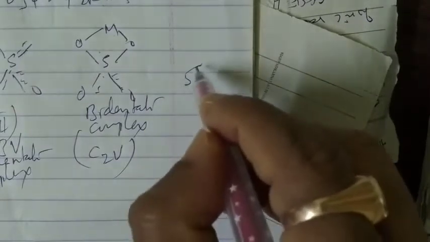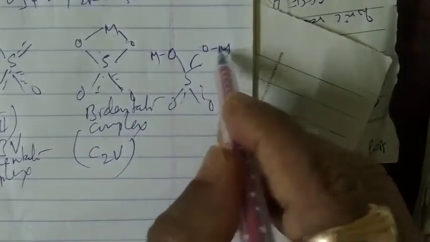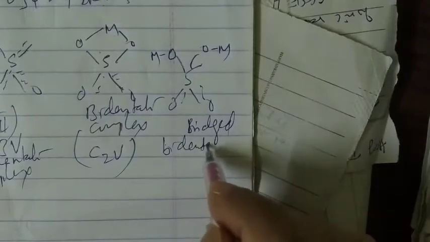The last one is in the form of bridged sulfate, with a metal on each side, so it is a bridged bidentate with C2V. The unidentate is C3V, and the free ion is tetrahedral.